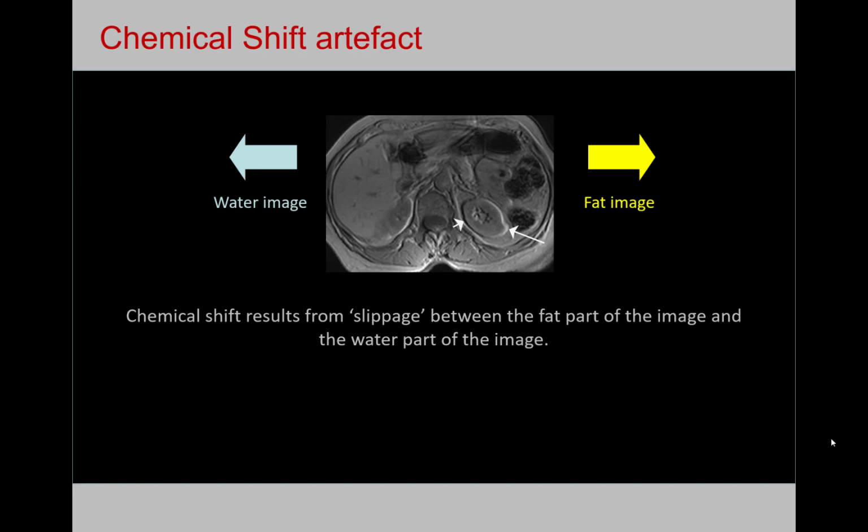Normally they appear to be fully sitting on top of one another. But with chemical shift artifact, there is slippage between those two images in one direction. So it looks like our water image is pulled one way and our fat image is pulled the other way. And that gives rise to these boundaries that we see in chemical shift.